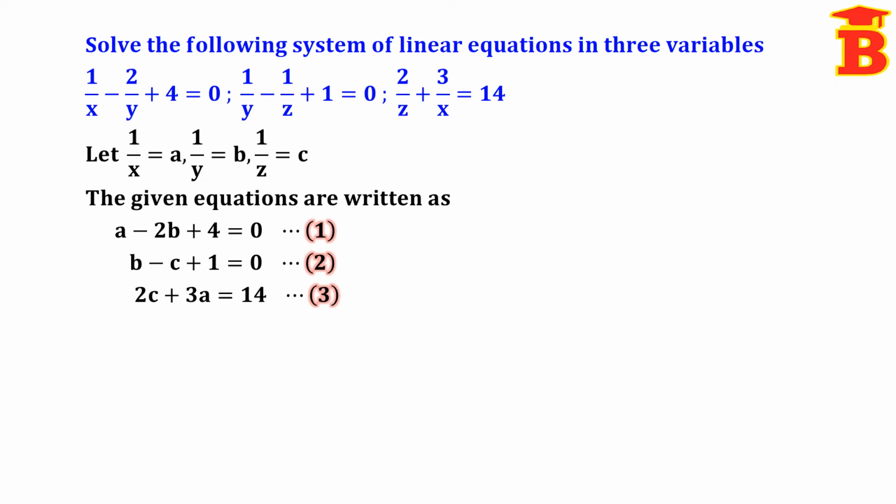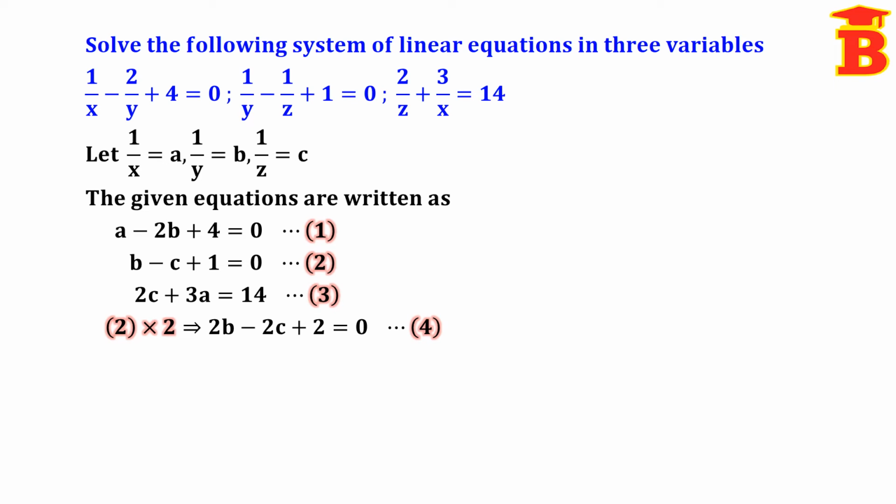Now we solve for a, b, c, and finally taking reciprocal we can get the values of x, y, z. And for solving we have to cancel any one letter first. So here I am going to cancel b first.